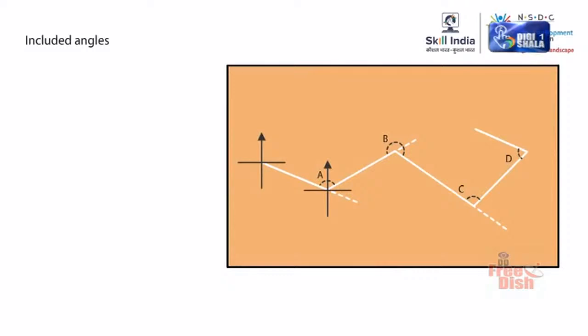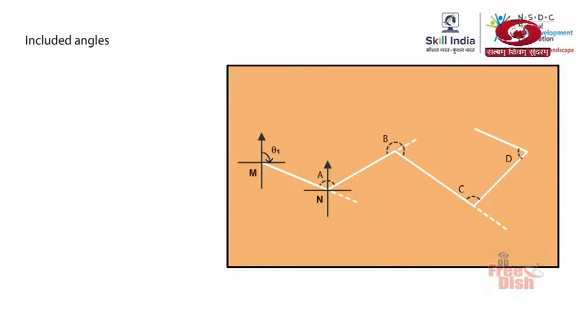Let us begin by taking a closer look at the map. A, B, C and D are the included angles which have been measured clockwise from the respective backstations. Theta 1 is the measured bearing of the survey line MN.